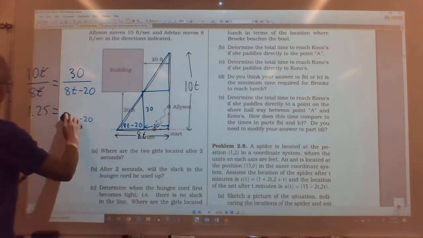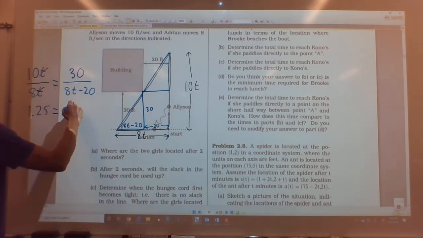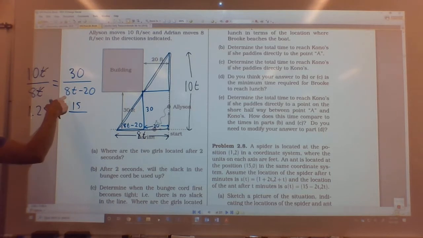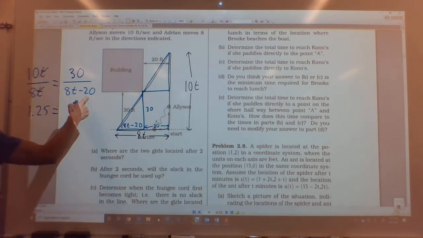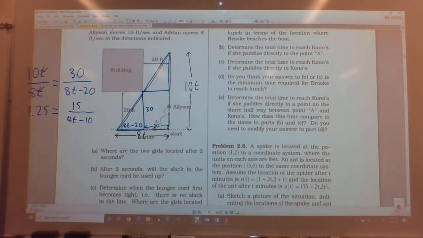Let's simplify this side. We can divide everything over here by 2. Divide 30 by 2, we get 15. Divide 8 by 2, we get 4. Divide 20 by 2, we get 10. Just makes it easier.